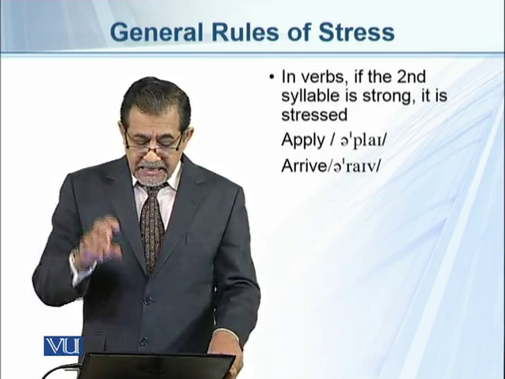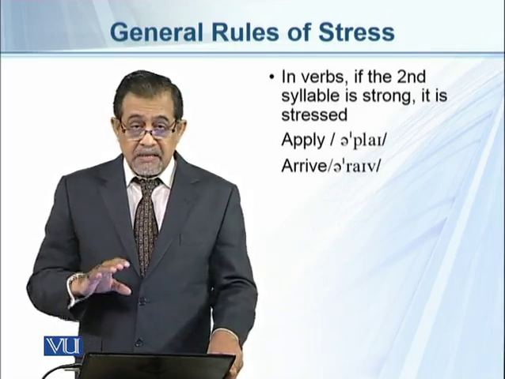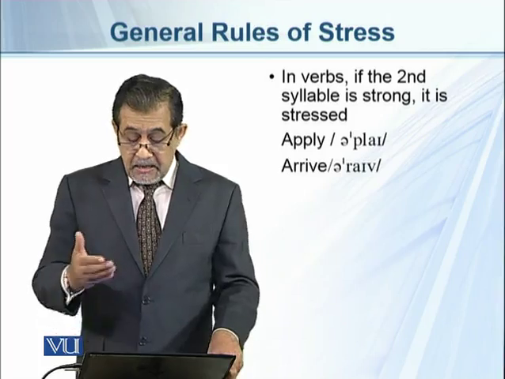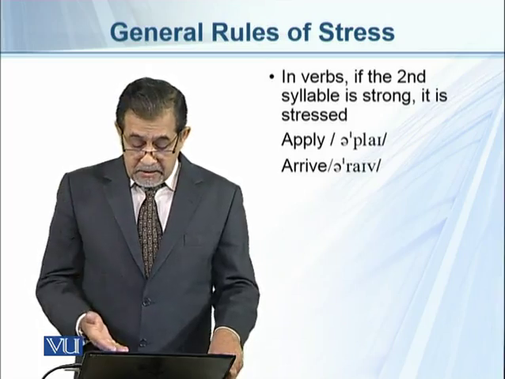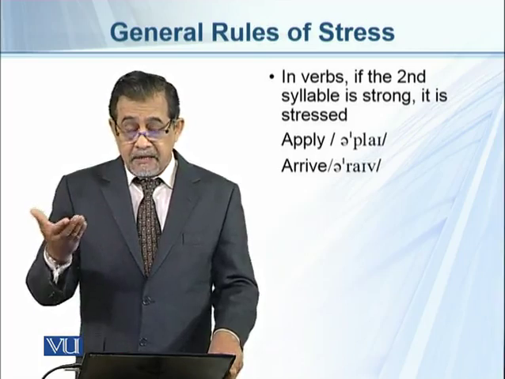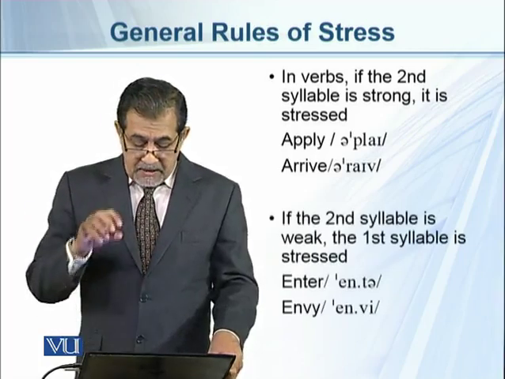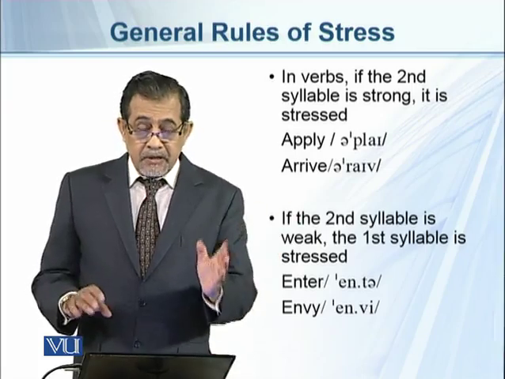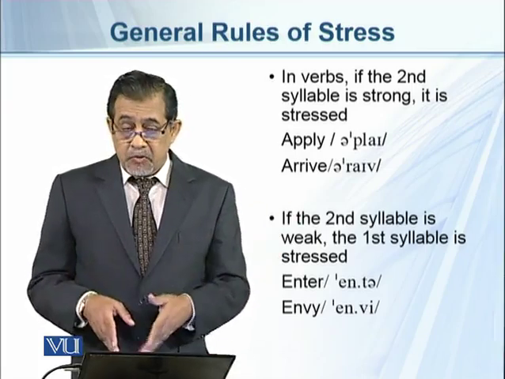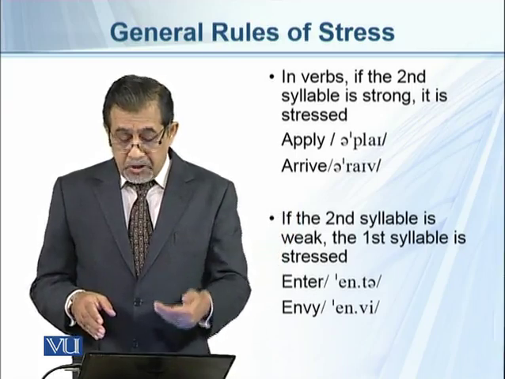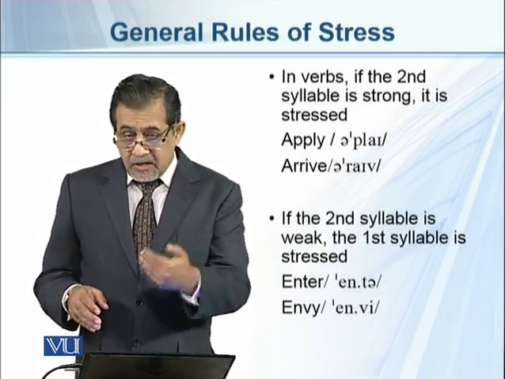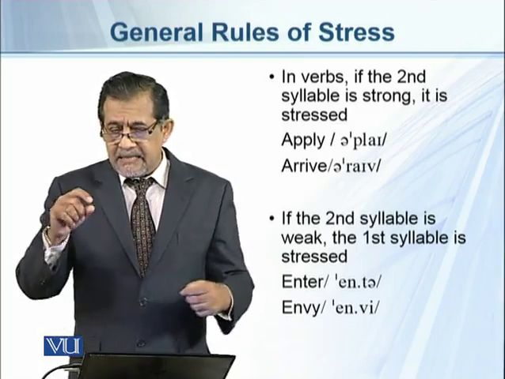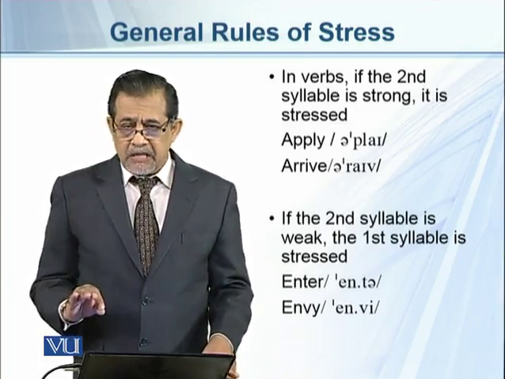In a verb, if the second syllable is strong, it is stressed, like apply, like arrive. The second syllable is strong, a diphthong, and arrive, it has a diphthong. If the second syllable is weak, the first syllable is stressed: enter, envy. So you see that the second syllable in both these words, enter, it has schwa, envy, it has e, right? So it's a weak syllable.